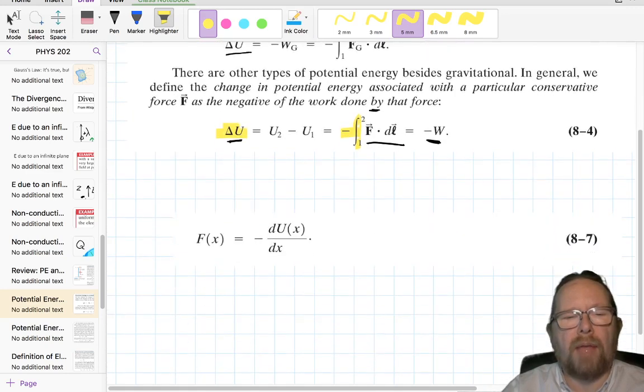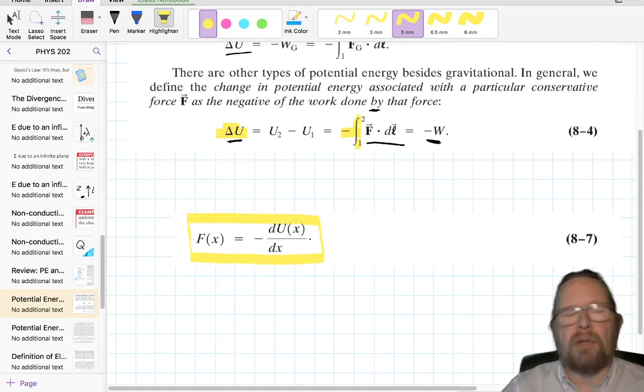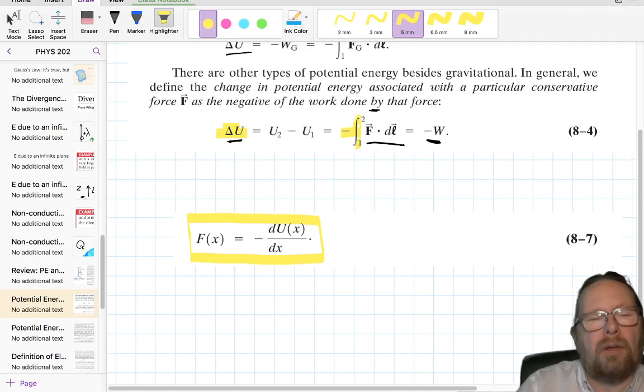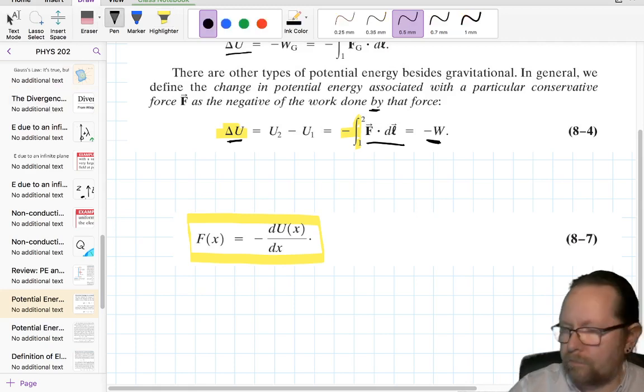We can write that the force on an object in a gravitational field is equal to the negative derivative of the potential energy with respect to position.